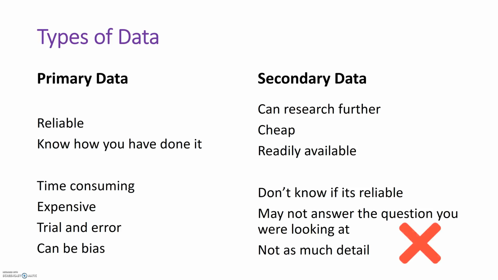And for secondary data, the positives are that you can research it further, and it's cheap and readily available. However, you don't know if it's reliable, it may not answer the question you're looking for, and it's also not as much detail. You don't know whether they're credible or not.